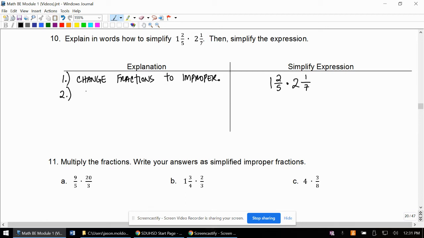Step 2, cross cancel if possible. Step 3, multiply across. Step 4 is simplify.